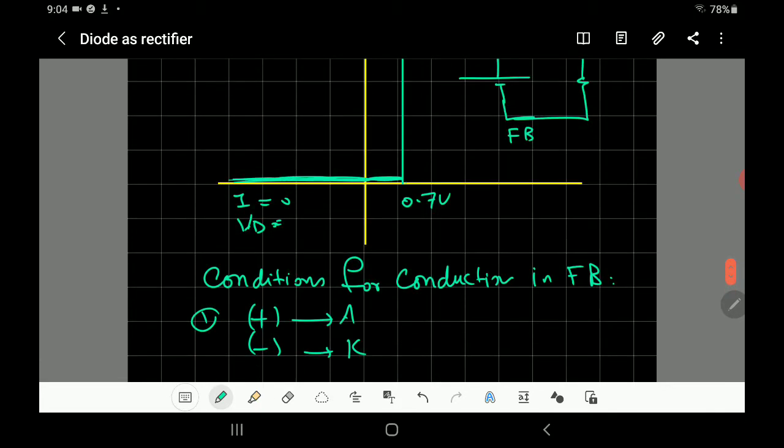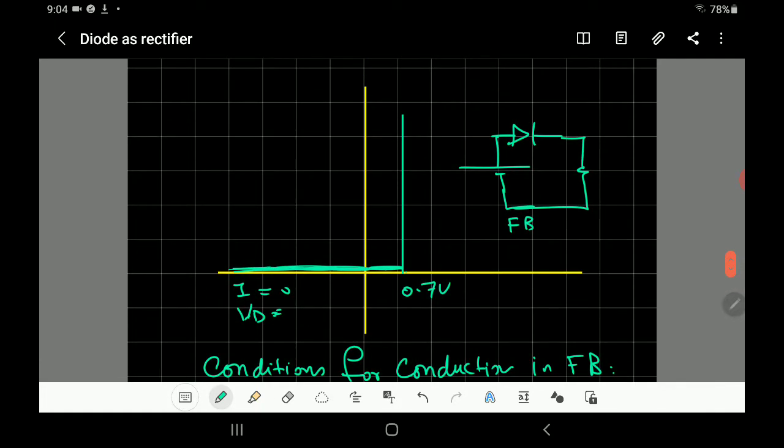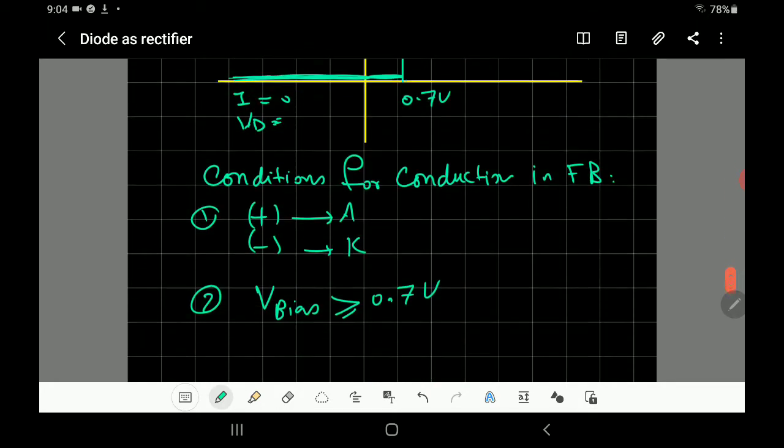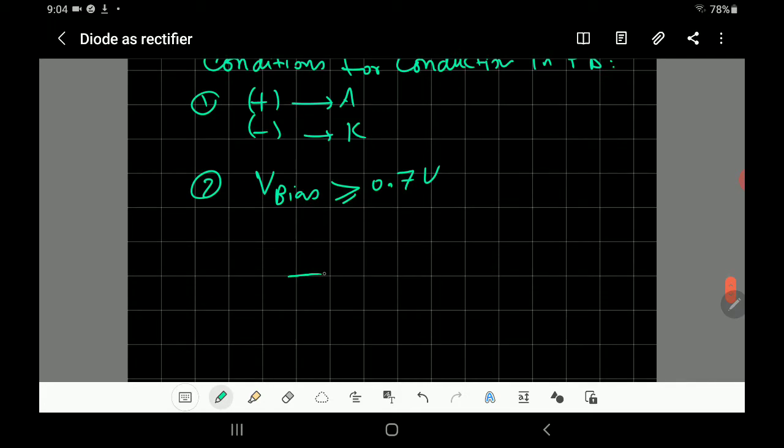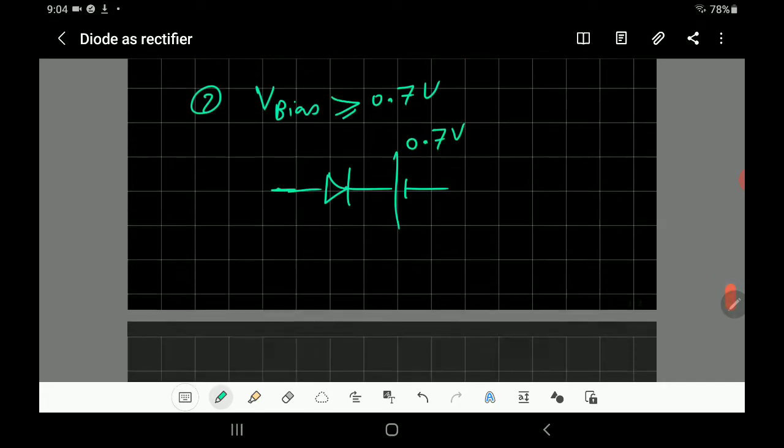The ideal model of the diode was not like that. It was enough just to have forward bias, and you didn't have to have 0.7 volt. Now we have to have 0.7 volt. In this way, the diode, when it's conductive, will be represented by an ideal diode plus a battery of 0.7 volt.